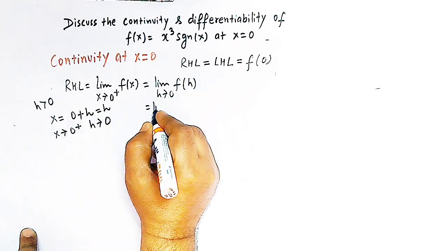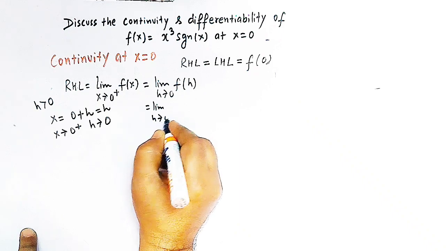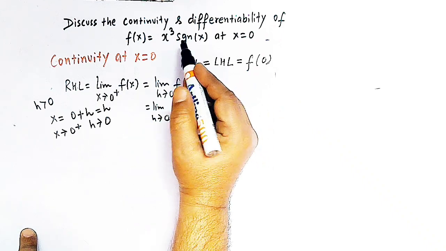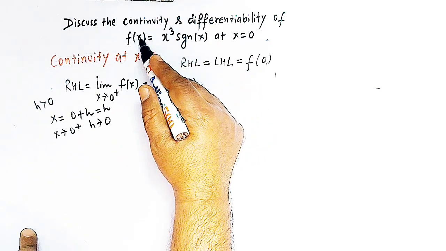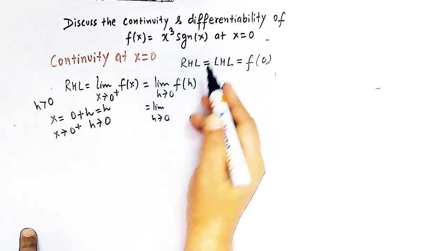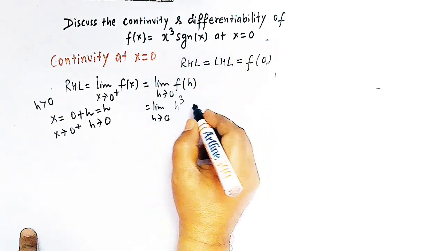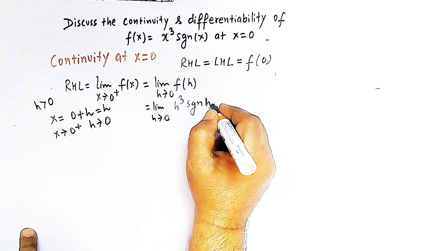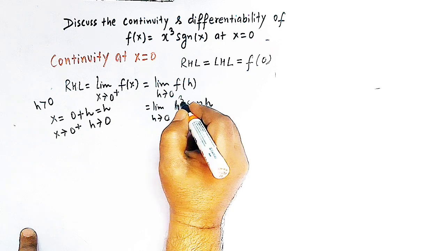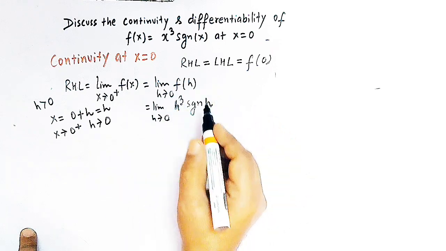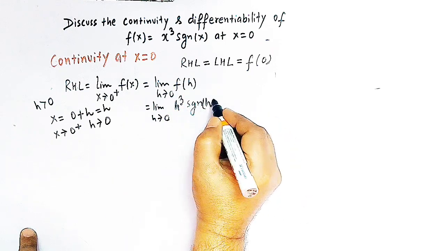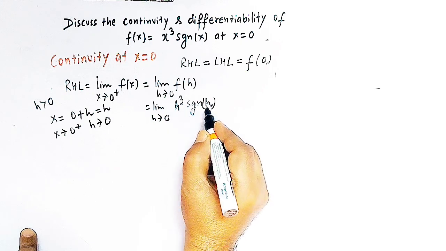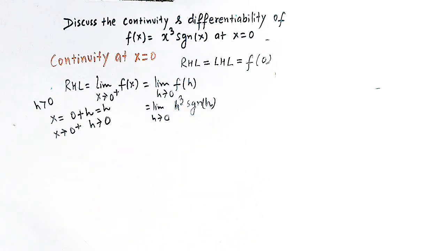So now we have limit h tends to 0, and f of h can be obtained by replacing x by h in the function. So we have h cube, and here we have signum of h, right?